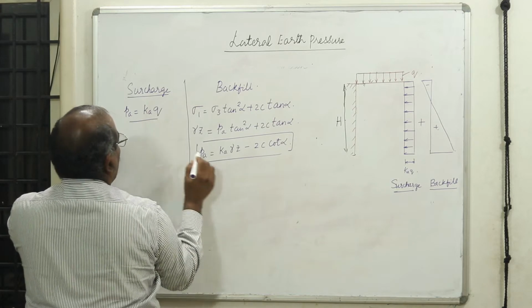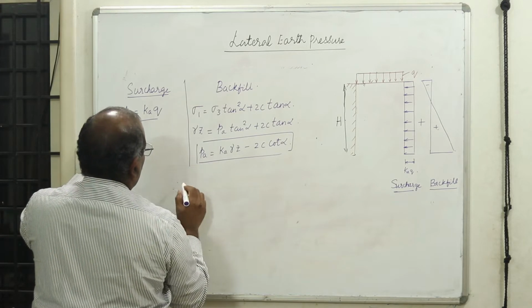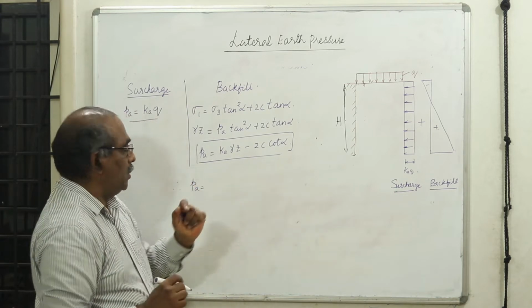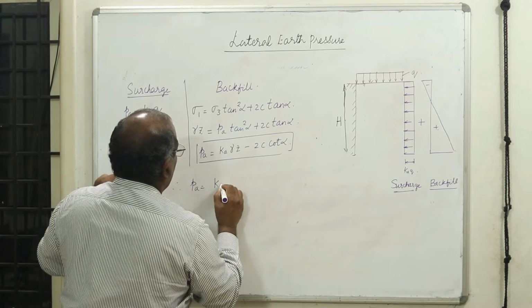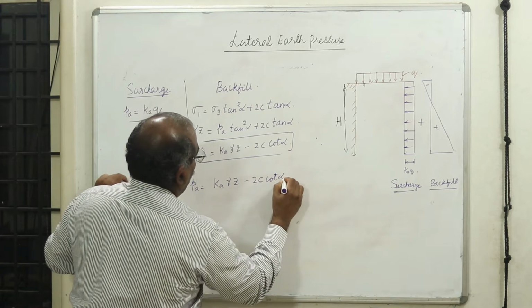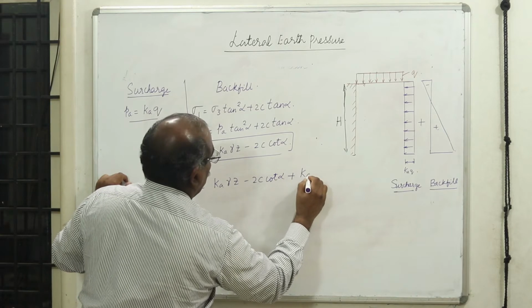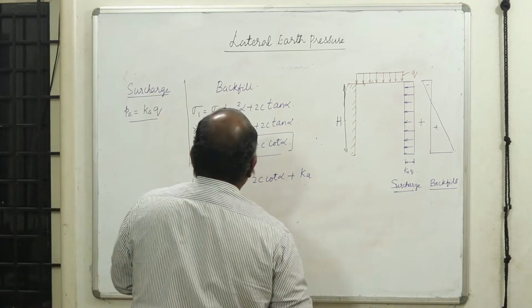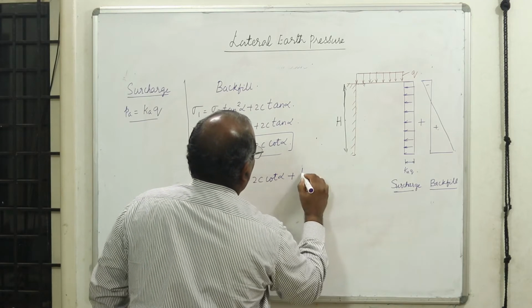Now I need to add these two. Therefore, the summation of these two is Ka gamma z minus 2c cot alpha plus K into Q. K is nothing but cot square alpha.